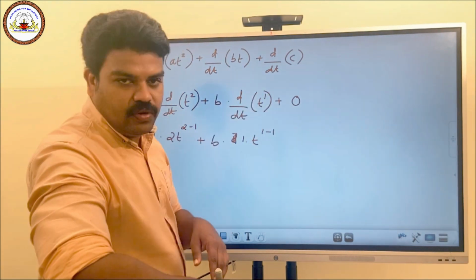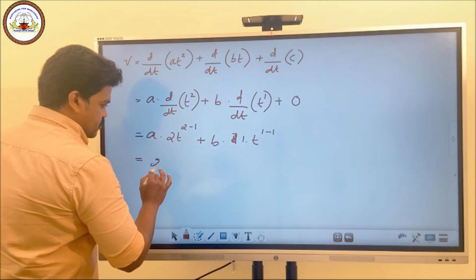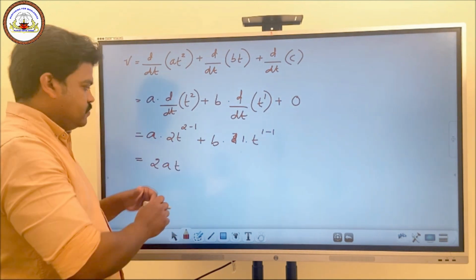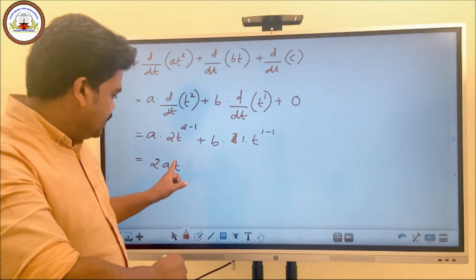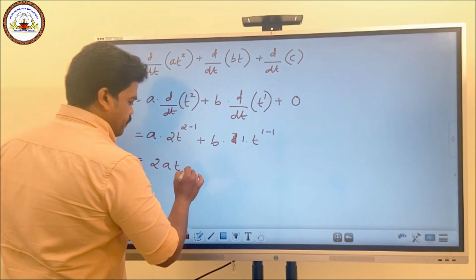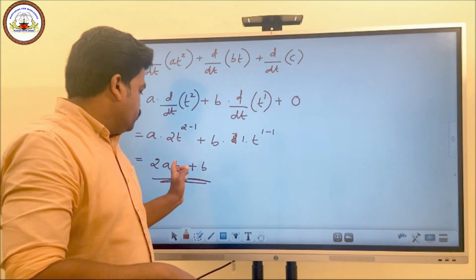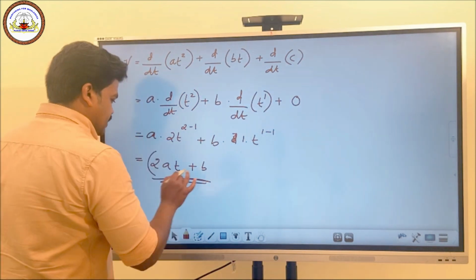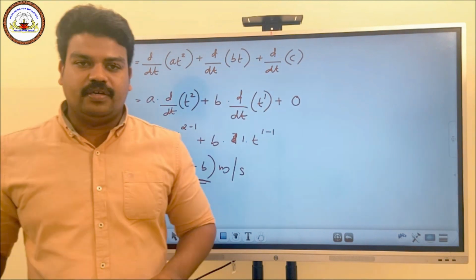Therefore, 1 t raised to 1 minus 1. That is equal to 2at, since t raised to 2 minus 1 is t raised to 1. That is 2at plus b. 2at plus b meter per second is the instantaneous velocity of that object.